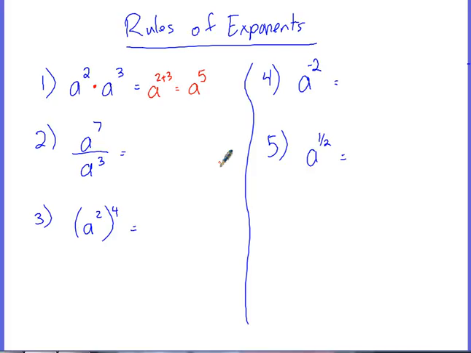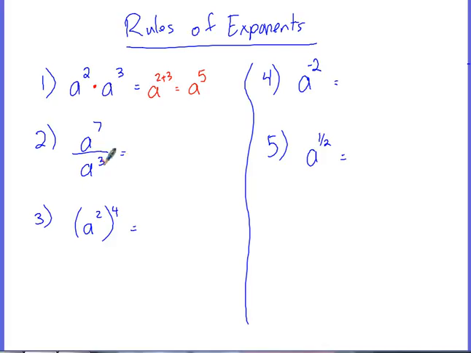So when you're multiplying things that have similar bases, what do you do to the exponents? You add them. Okay? Rule number 2 says, if I have two things with similar bases, let's say a to the 7th power, and this time I'm dividing by a to the 3rd power.